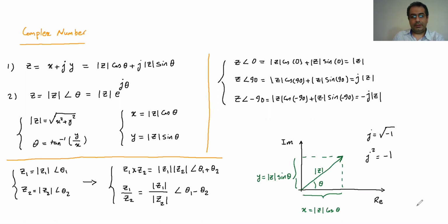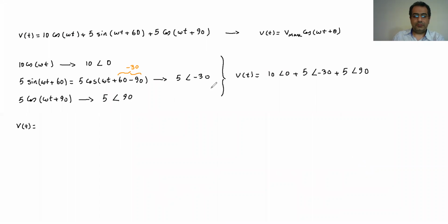So I will go ahead and write it here. The first one is going to be 10 cosine 0 plus j 10 sine 0.